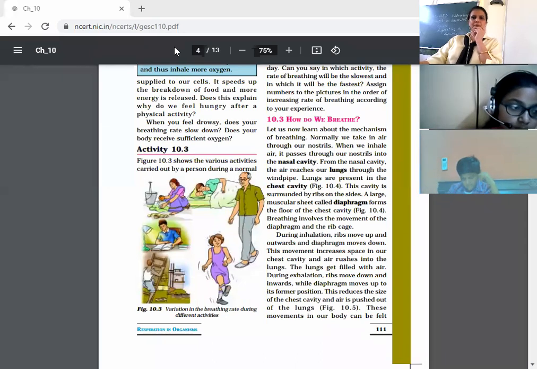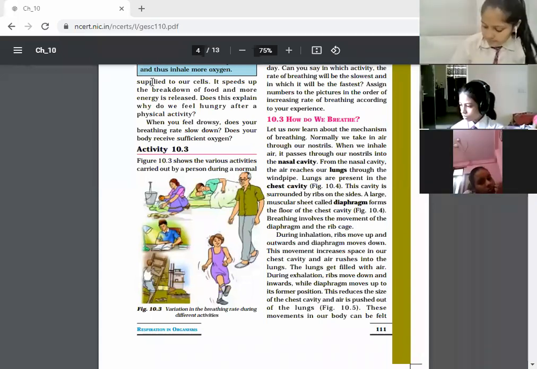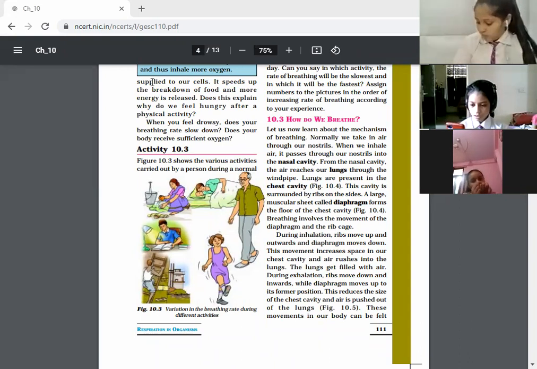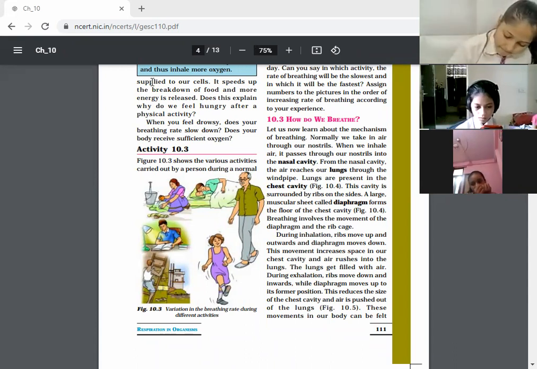Today in this class, we'll continue chapter number 10, respiration in organisms. Children, already we have learned about types of respiration, aerobic and anaerobic respiration, and how our muscles respire anaerobically. After that, we discussed the breathing rate and how we can calculate our breathing in 1 minute.